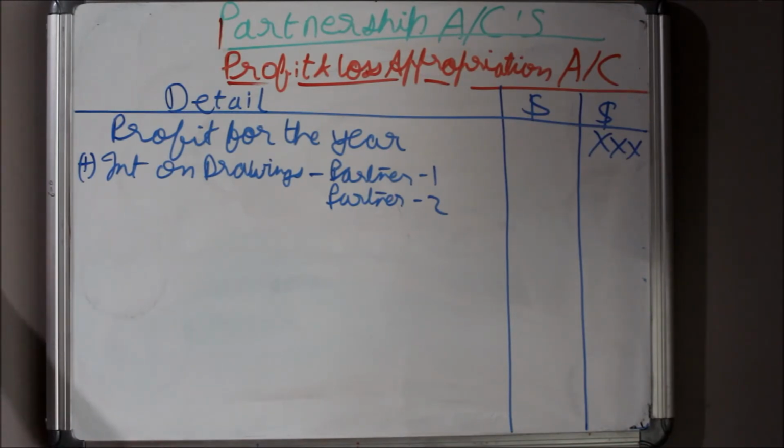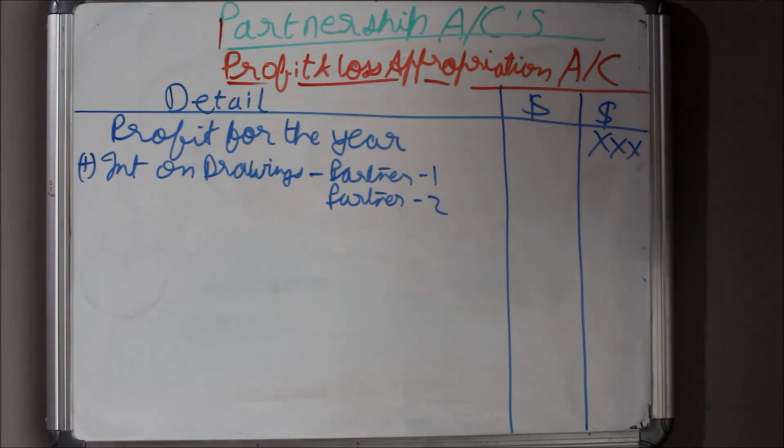For each partner, they'll give you a percentage on which to calculate the interest on drawings. So for example, if they have told you that the interest on drawings is calculated as 6% of the drawings taken by the partner, you will calculate 6% of those drawings withdrawn by the partner, and you're going to write each partner's amount separately.